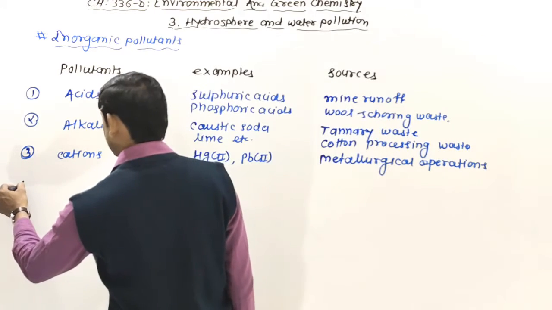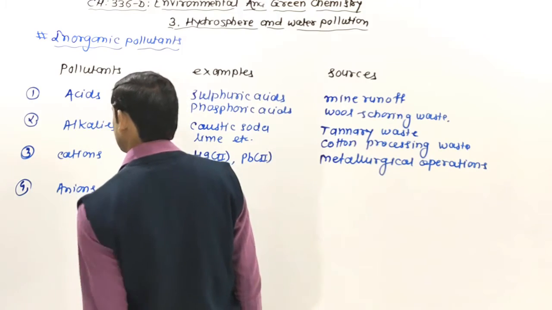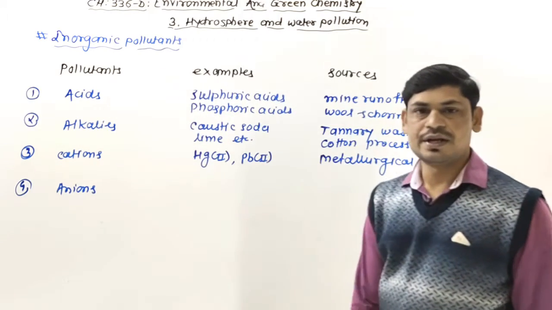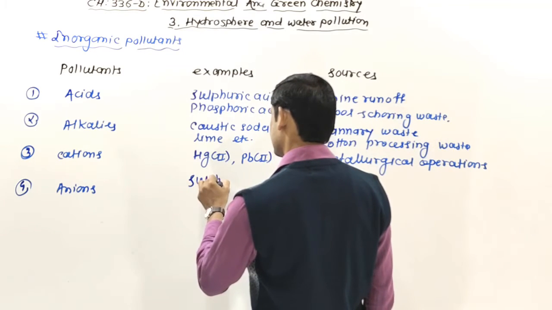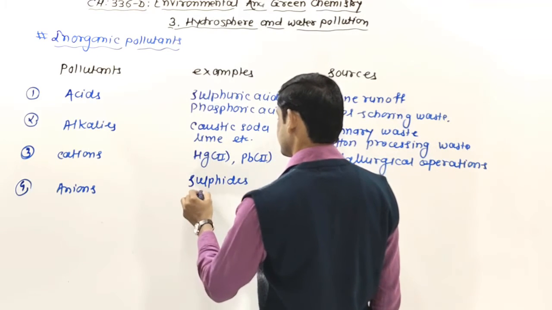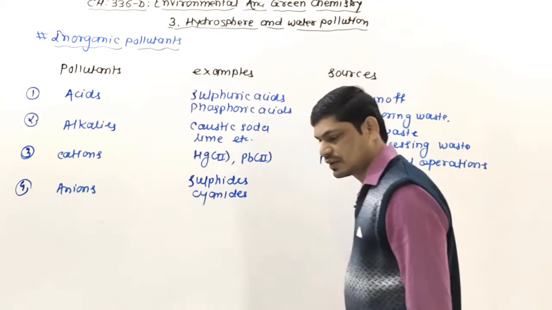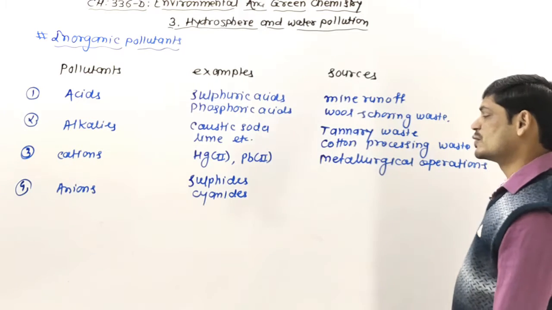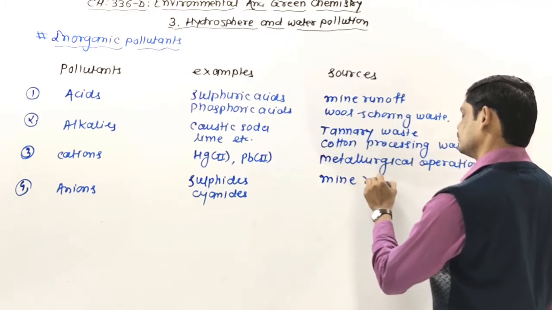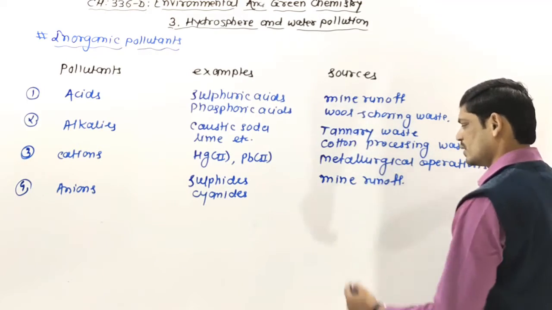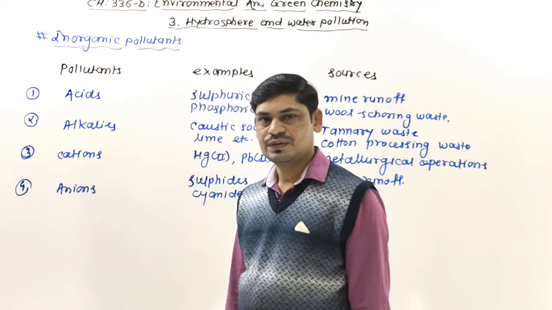Our fourth class of inorganic pollutant is anions. For example, sulfides, cyanides, etc. They also come from mine runoff, meaning the wastage during the mining process.